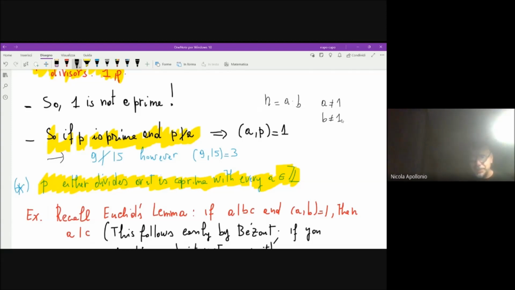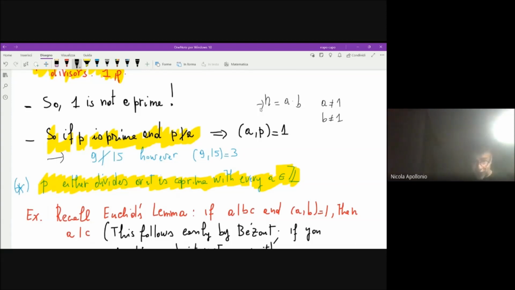So primes are really different from the other numbers. A number which is not prime is called composite, just because of the fundamental theorem of arithmetic, because it can be uniquely reconstructed knowing its prime factors.